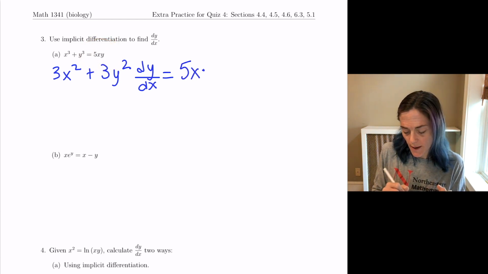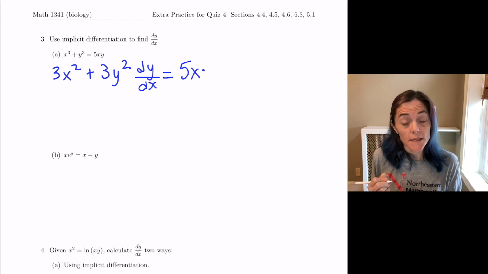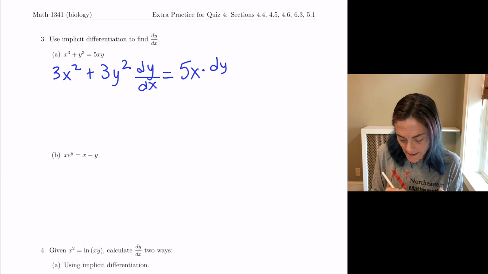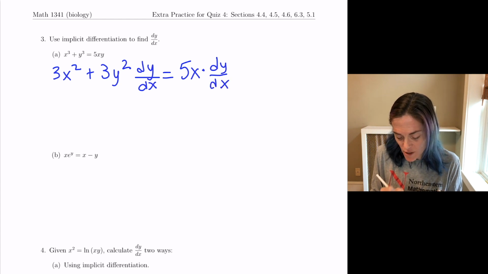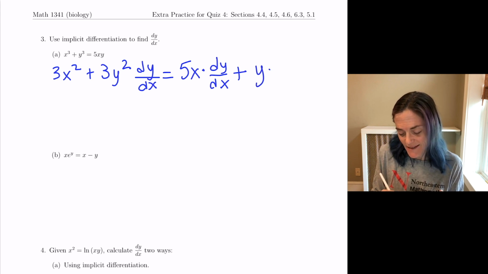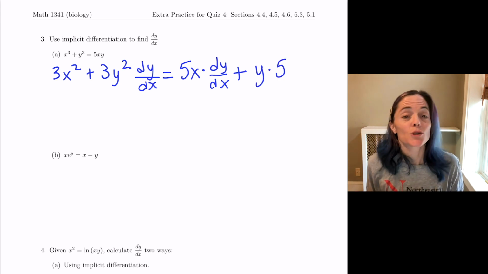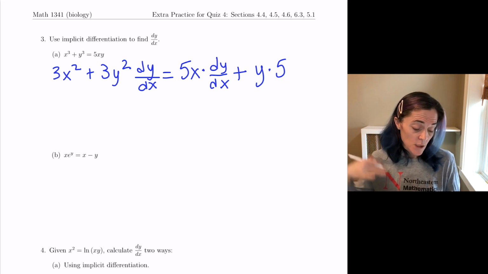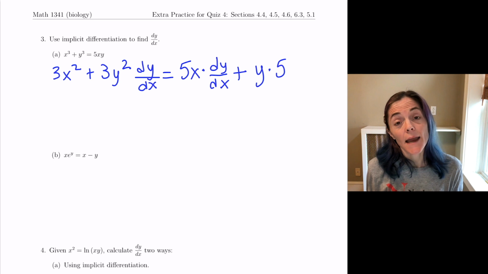First times the derivative of the second, derivative of y, this is dy/dx. So first times the derivative of the second plus the second times the derivative of 5x with respect to x, which is 5. So I've differentiated everything inside here.